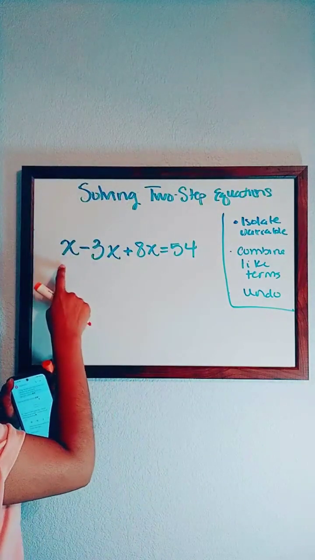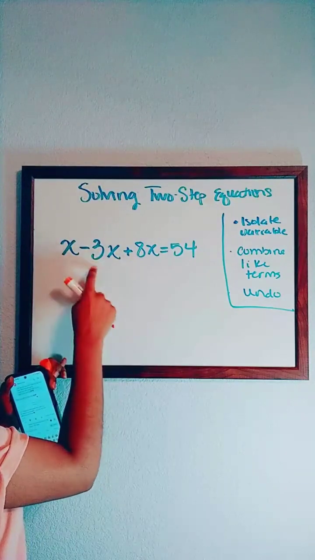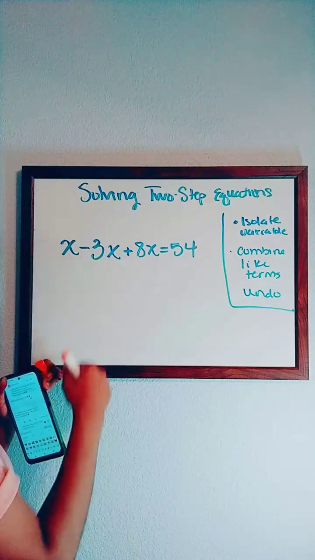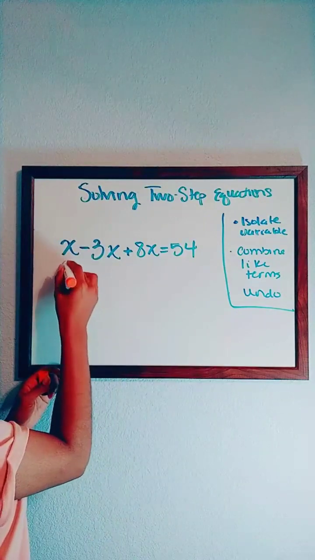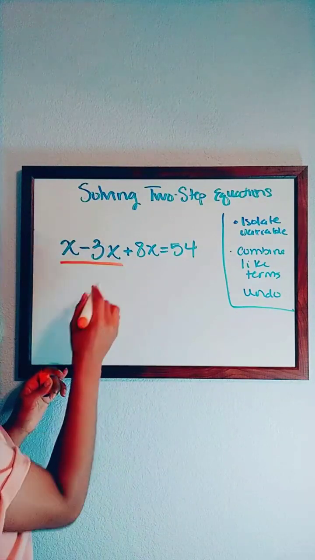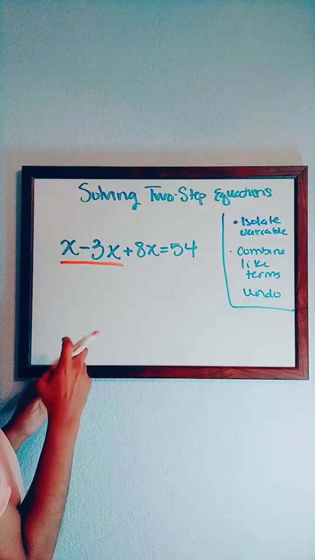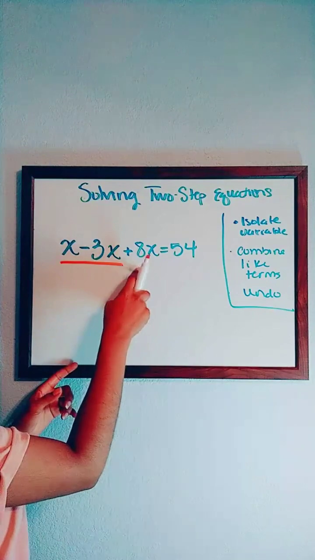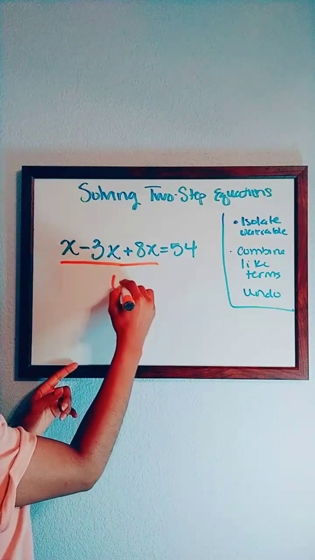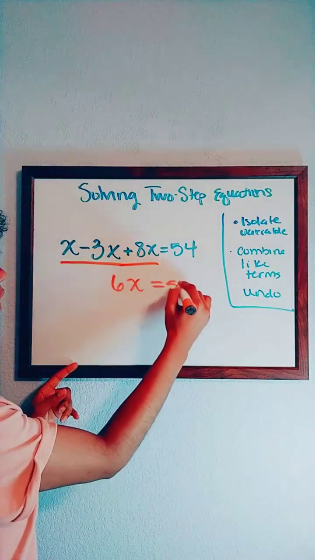Combine all your terms. So x minus 3 is going to give me a negative 2. And then plus 8 should give me 6x. All of this should be 6x is equal to 54.